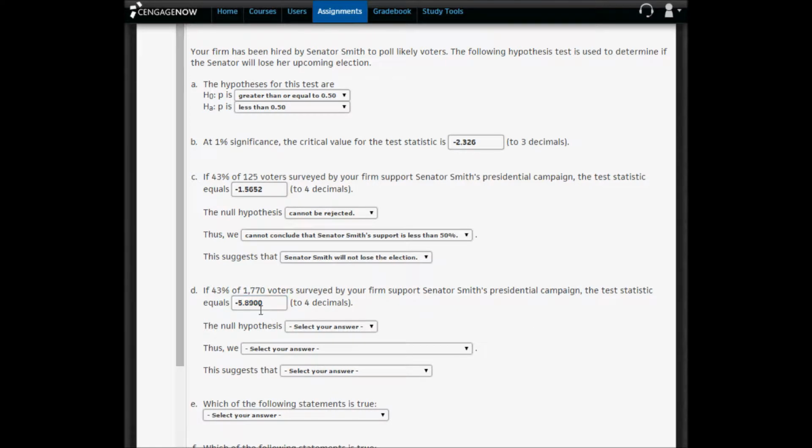Now this time, the test statistic is less than the critical value, which means we can reject the null hypothesis. Thus, we can conclude that Senator Smith's support is less than 50%, which suggests that Senator Smith will lose the election.